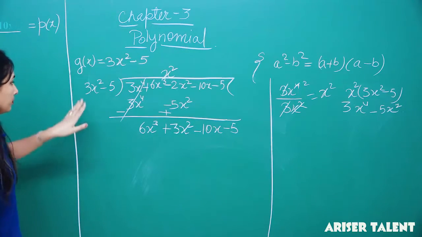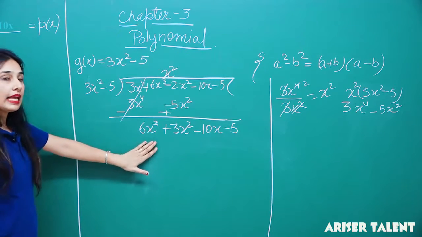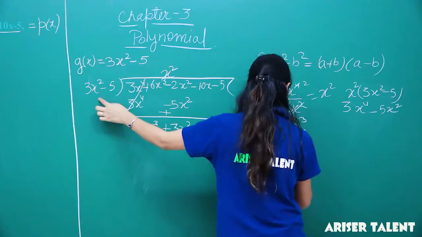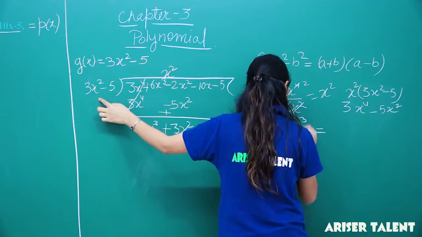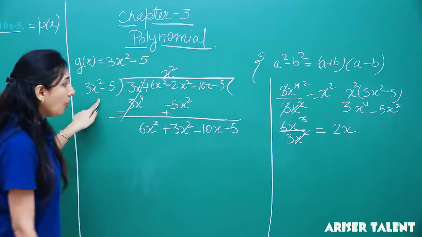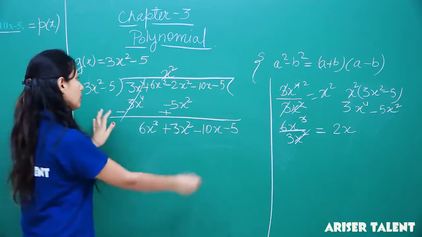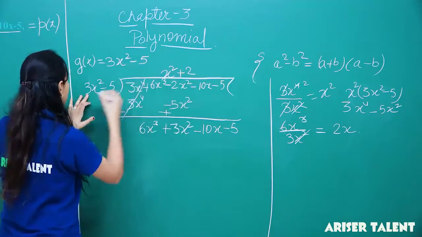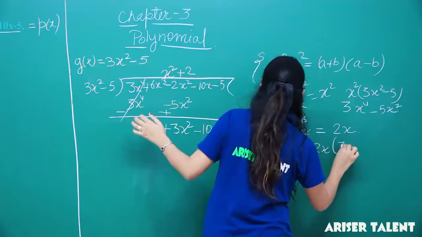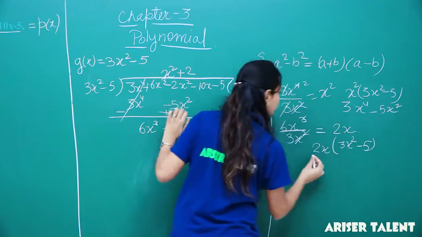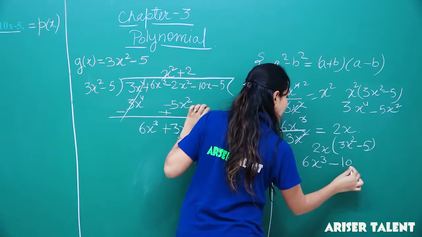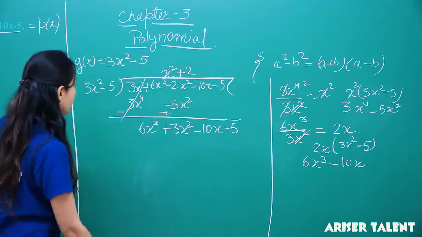Now 3x square and 6x cube. Do it again. 6x cube upon 3x square will give you 2x with a positive sign. Plus 2x multiplied by 3x square minus 5 will be 6x cube minus 10x. Write it here.